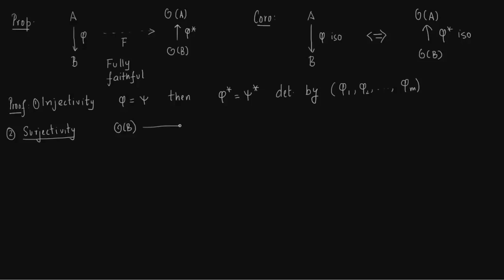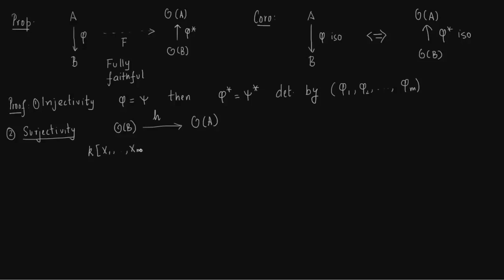Now we have to show surjectivity. So if you have a map here, say a ring homomorphism H, yeah, so say B is of dimension n. So let us write this clearly. This will also help us to understand what I was trying to say.